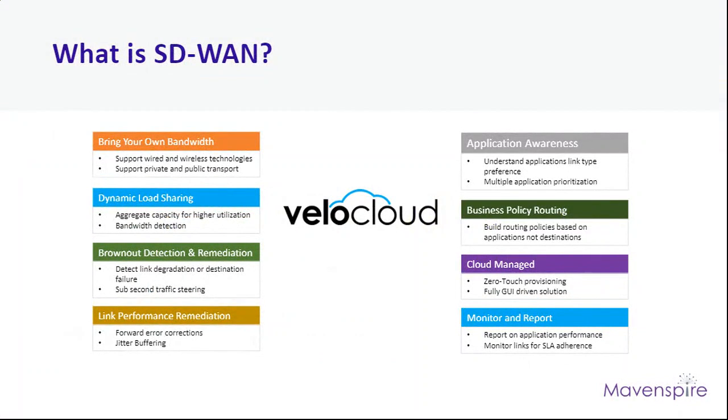So let's talk about what SD-WAN is. First, it's a disruptor. It's something that really changes the availability of the WAN to the organization or company. Why? Well, one of the reasons is that SD-WAN lets you bring your own bandwidth.